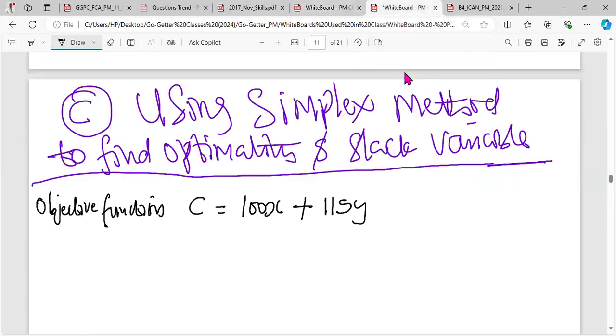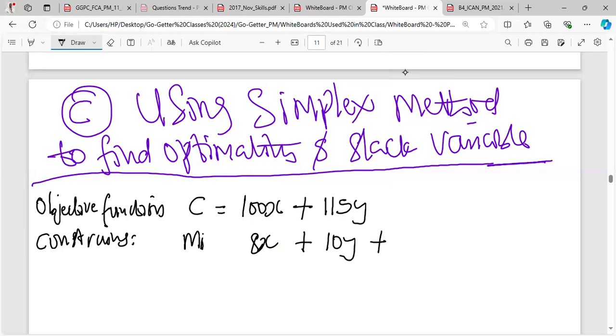So we have constraint M1, 8x plus 10y, then we have plus s1.